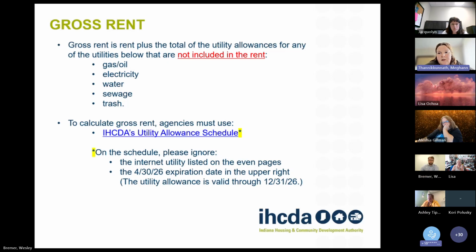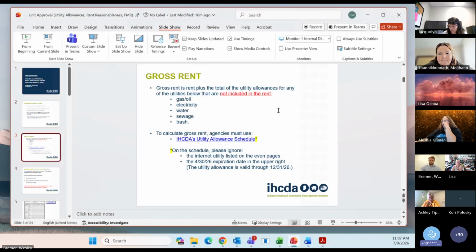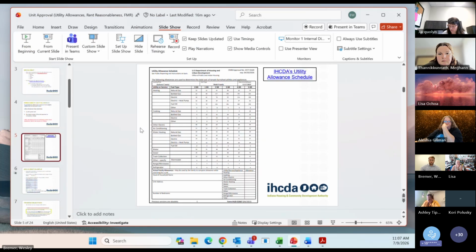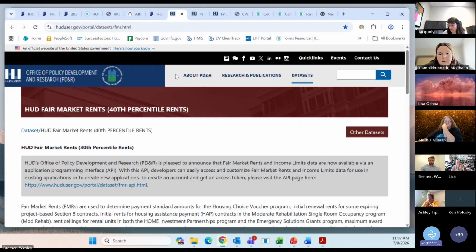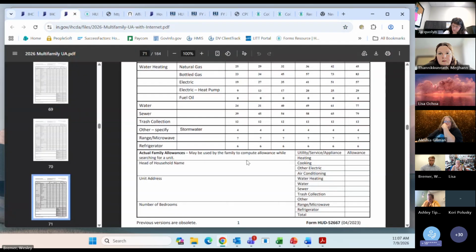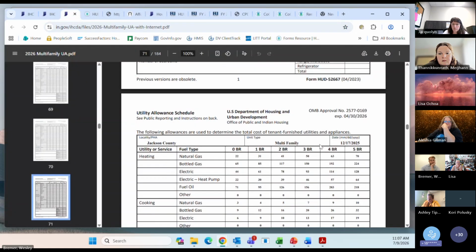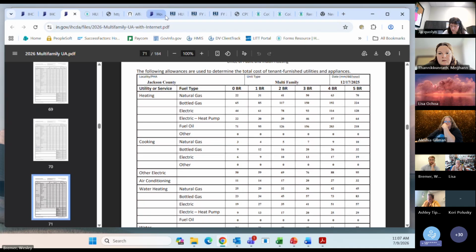And then one thing that we'll show you here, or encourage you to do as well, is to find a utility allowance. You're going to use IHCDA's utility allowance schedule. And Wes, if you'll bring up that link for us. All right. Okay, I can narrate this part.